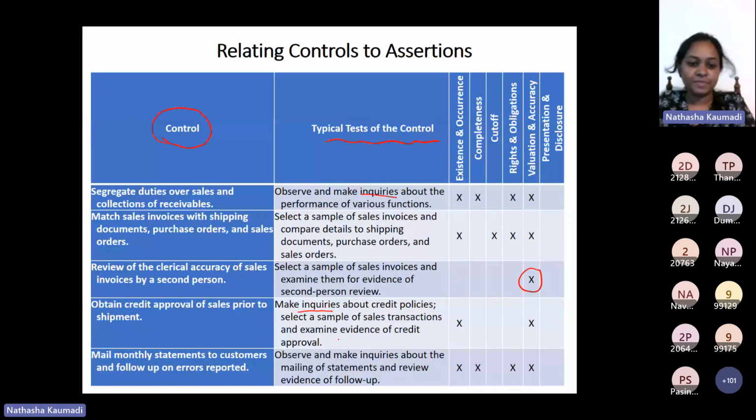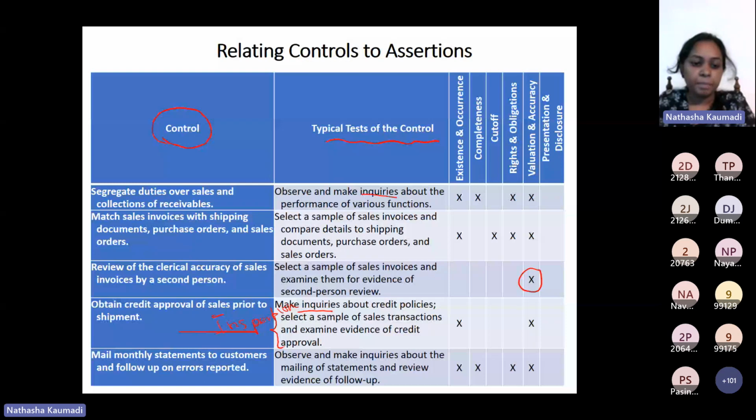Inspection. This is inspection, right? I told you, when you examine documents, when you examine physical assets, you call it inspection. So you use inspection and inquiries as test of controls here. So you can check the occurrence and you check the accuracy as well.